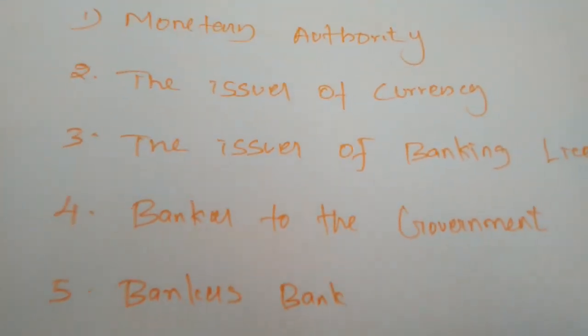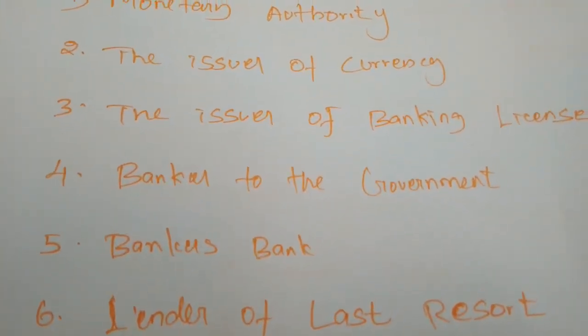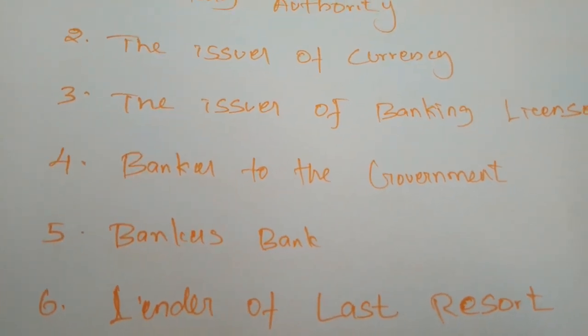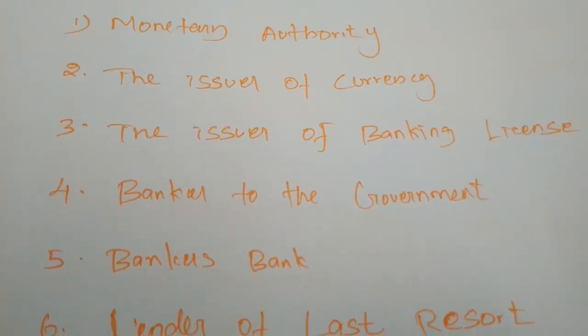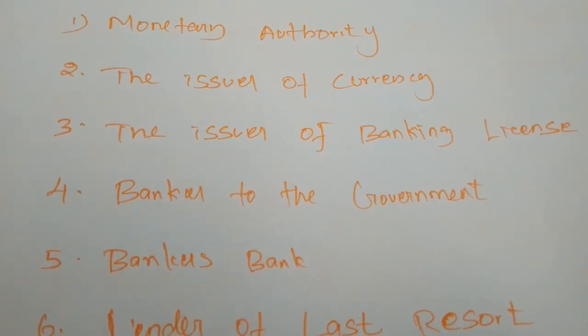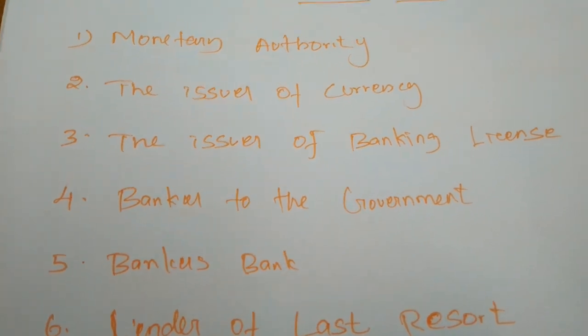And regarding the credit system, if our nation has too much credit, it will lead to inflation, and we must depend on other nations for even the basic necessities of life. So it is the sole authority to issue the currency.